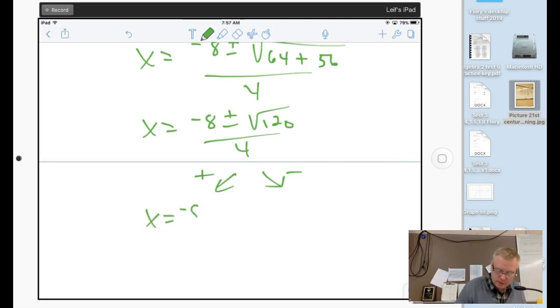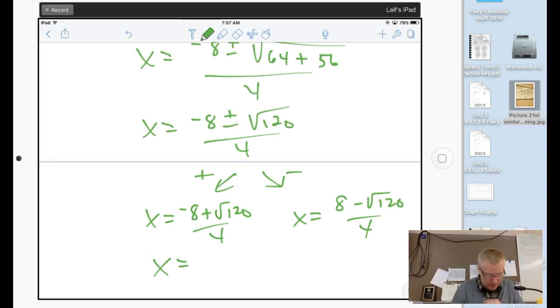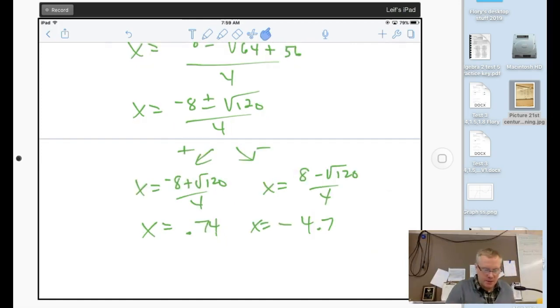X equals -8 plus the square root of 120 over 4. X equals -8 minus the square root of 120 over 4. I'm looking for decimals, so when I punch those in, I get either 0.74 or negative 4.7. So now I've got my x-intercepts and I've got the vertex.